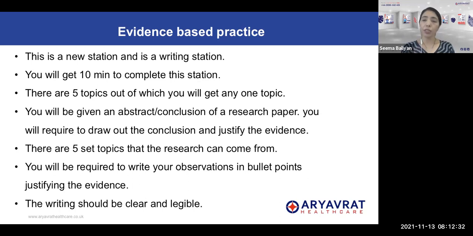You will need to go through that abstract, come up with what you have understood and what the evidence is, and write down your evidence and your understanding according to the criteria. You will again write on an A4 sheet in bullet points, making sure that your handwriting is clear and legible. Of course, we will go into much more detail when we are actually doing our training and practice.